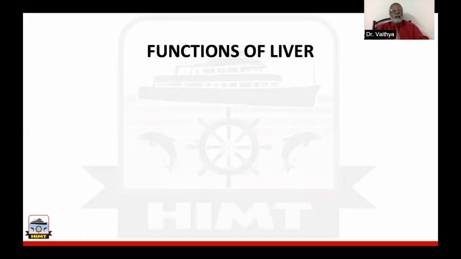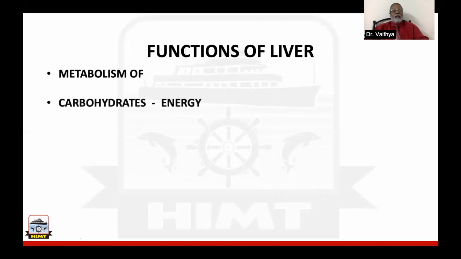Food contains mainly carbohydrates. Metabolism of carbohydrates happens in the liver and it is converted into energy. Metabolism means breaking down. The liver has some enzymes. Those enzymes help in the metabolism of carbohydrates, converting them into energy. And all of us know the powerhouse of a cell. The energy is stored there.